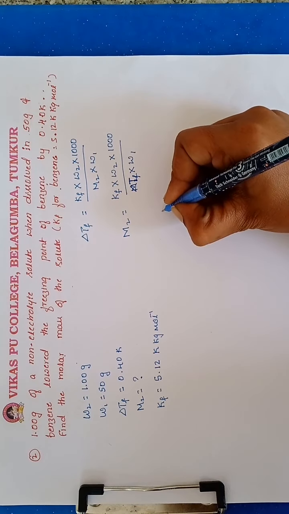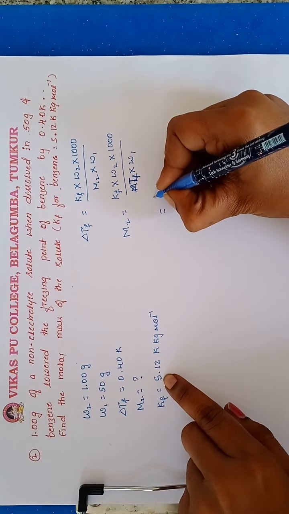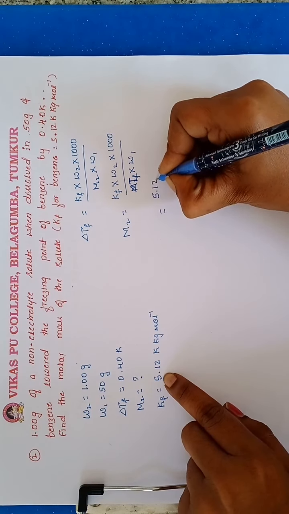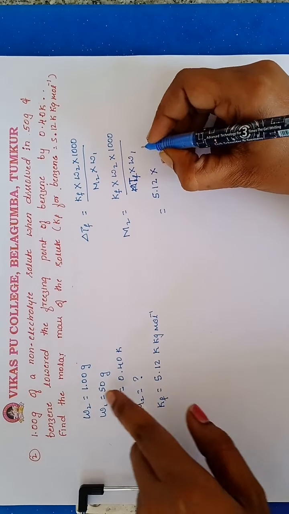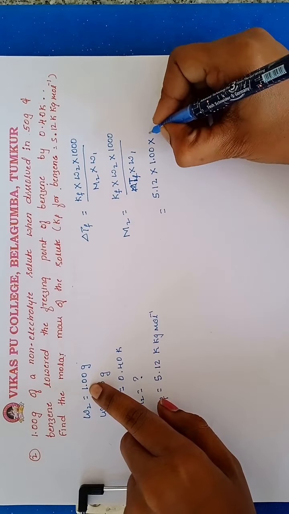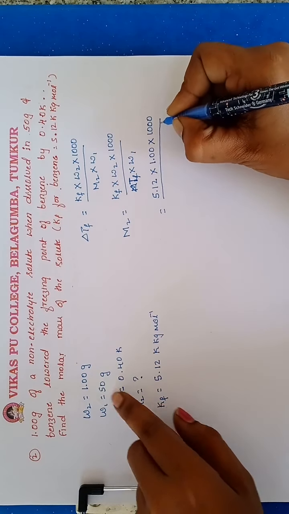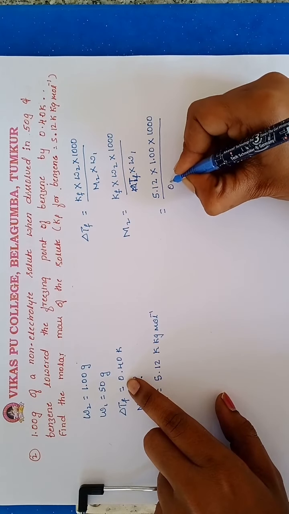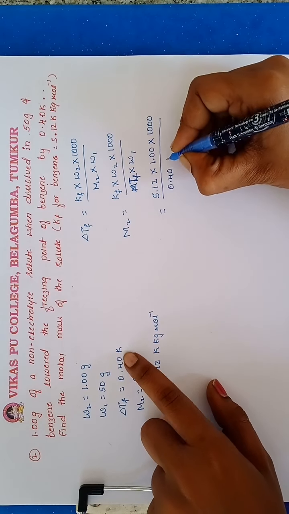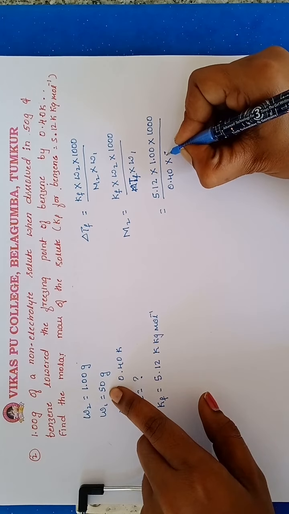We need to substitute the values. KF is equal to 5.12 into WO2 is 1 gram into 1000 divided by delta TF is 0.40 into WO1 is 50.